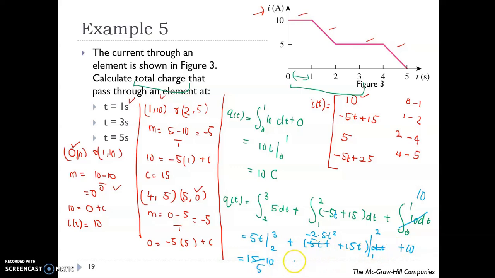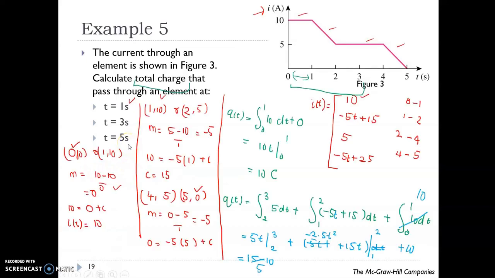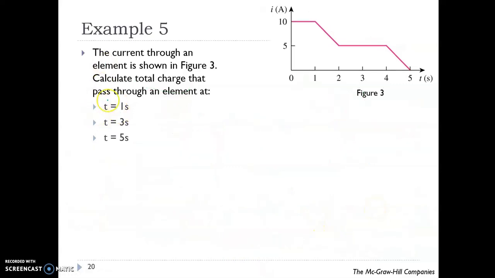So what you need to solve is minus 2.5t squared plus 15t. Previously, you have already integrated the other two parts. What you need to integrate is this part: minus 2.5t squared plus 15t from 1 until 2.